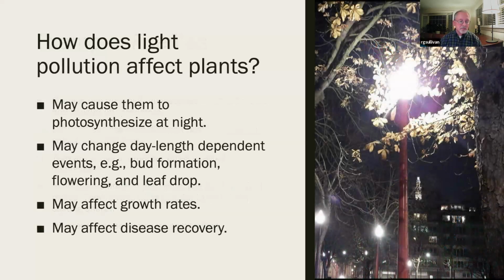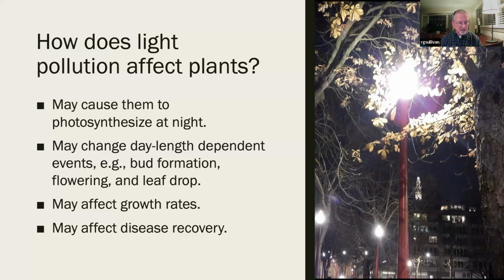So quickly on plants, it is really more of a problem for lights that are very, very close to the plants. It can cause them to continue photosynthesizing at night when they shouldn't be. There are a number of plant processes that are dependent on light, such as leaf drop, I mentioned earlier, bud formation.